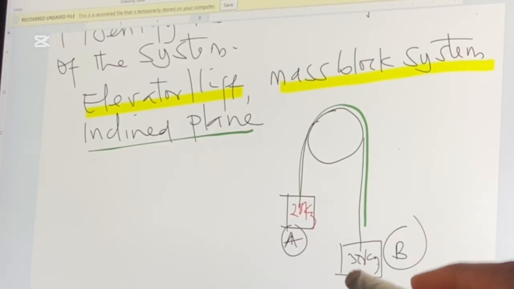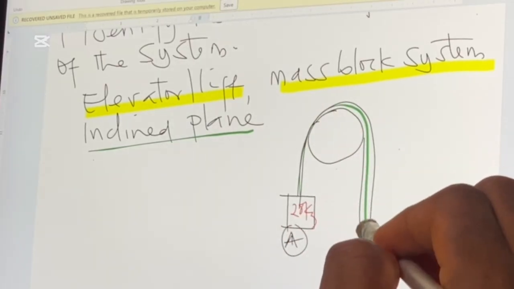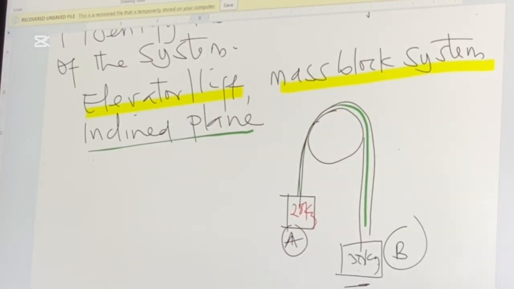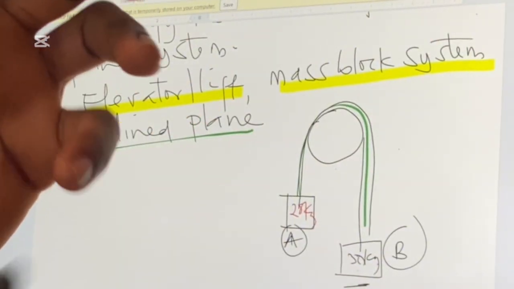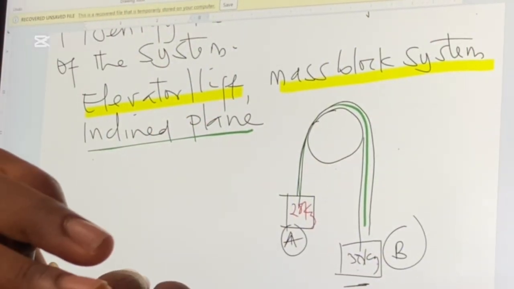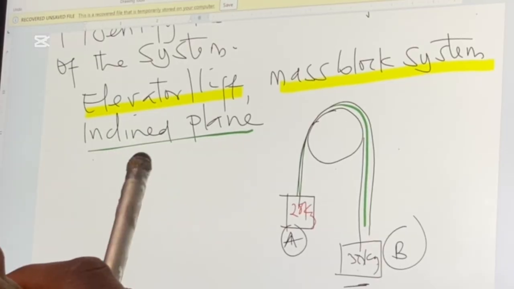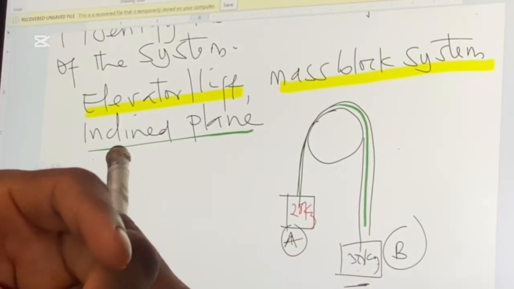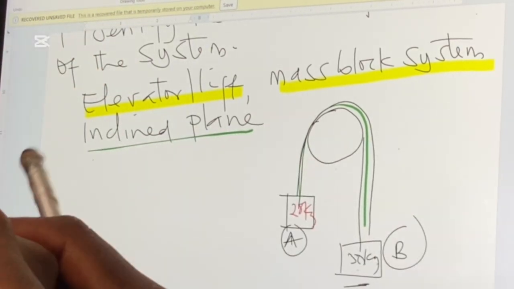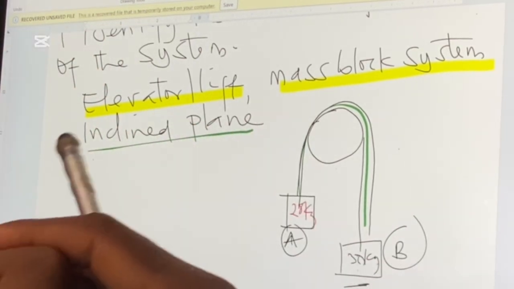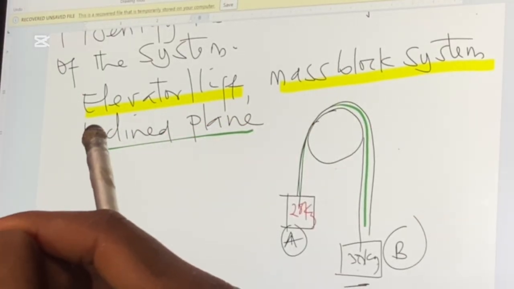It is 30, right? So the system will always move in the direction of the 30. But if I have a system that only has one mass, the direction of the system depends on the equation. If the equation is upwards, the direction of the force of the system will move up. If the equation is downward, the direction of the system will move downwards. Please take note of that, okay?